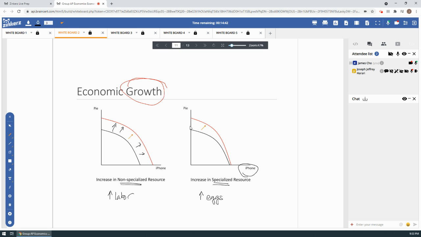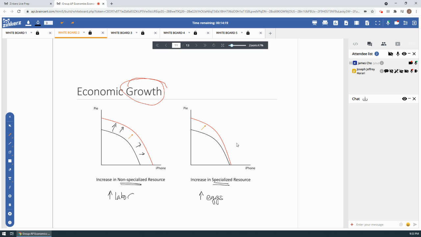But if I have more eggs, I'm going to be able to produce more pie. So in this case, when you increase a specialized resource, you're not going to be seeing a shift of your PPF curve. More than that, you're going to be seeing a rotation. You're going to be able to produce more of one of the products, not so much the other one.